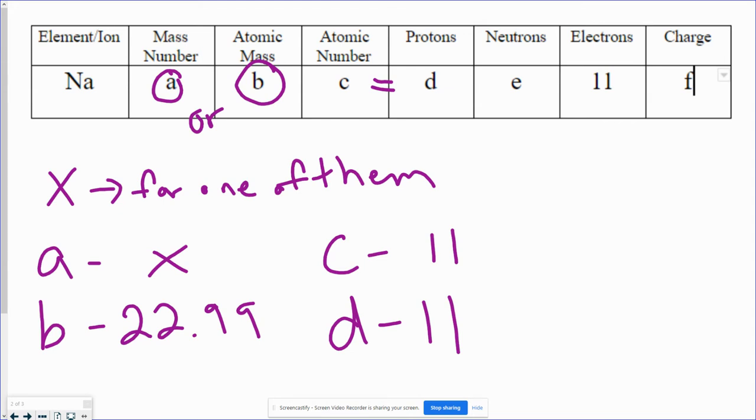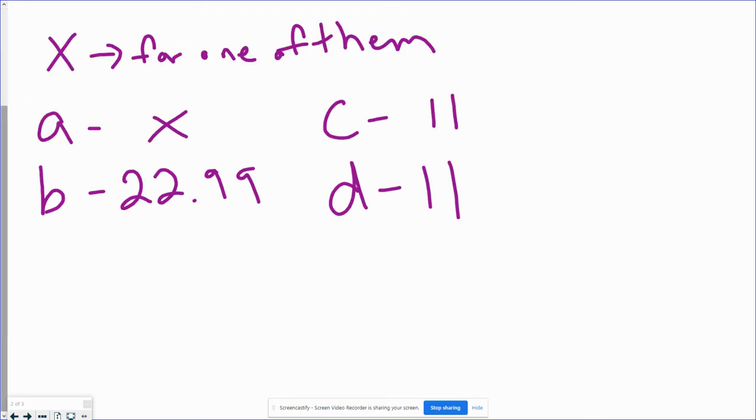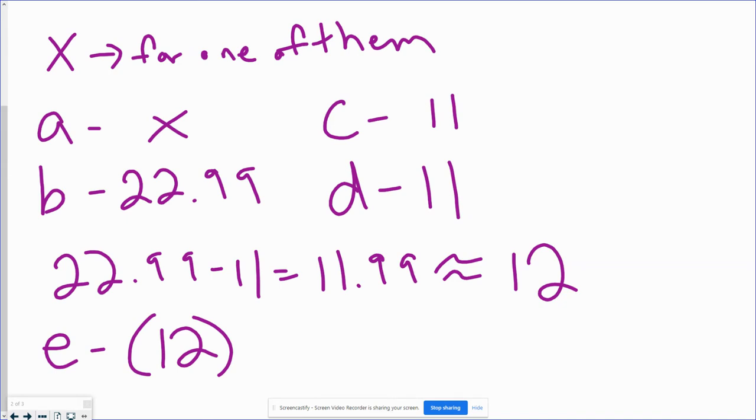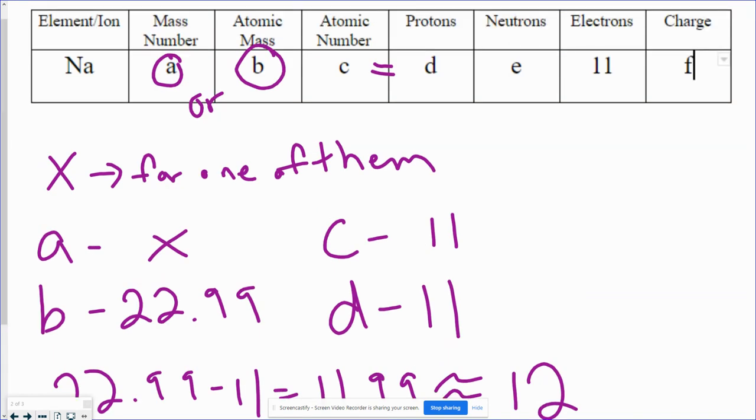So we need to take 22.99 minus 11, giving us 11.99. Now, we're going to round this, so it is equivalent to 12. Since we used an atomic mass for the number of neutrons, we need to put it in parentheses. That parentheses tells us that we rounded it and that it came from an atomic mass.